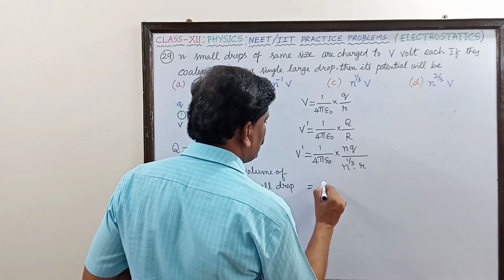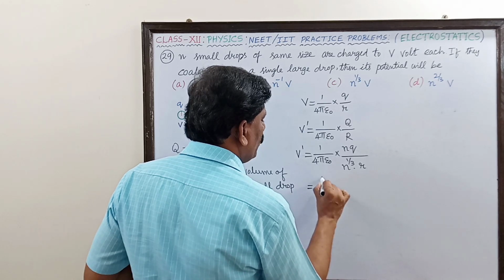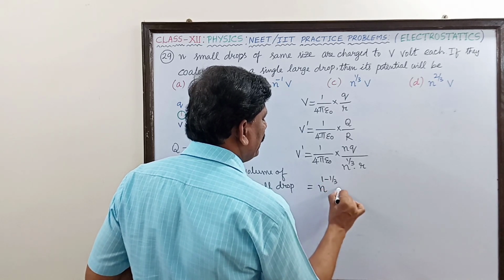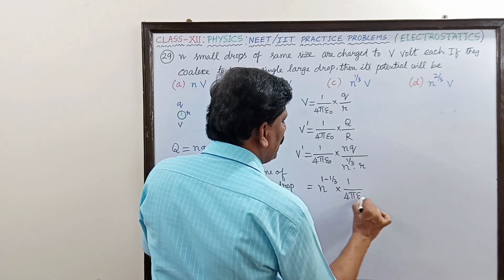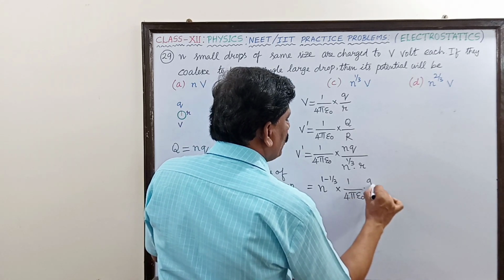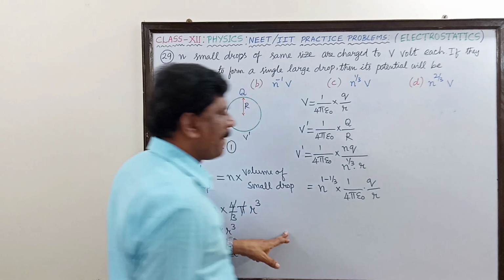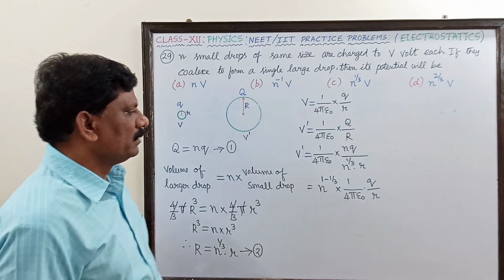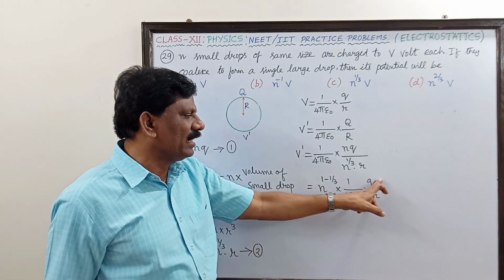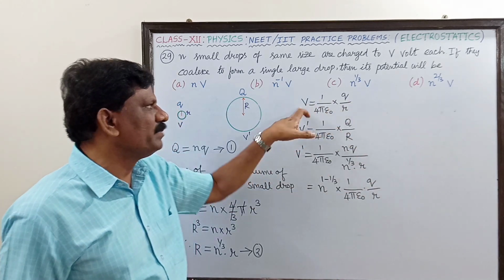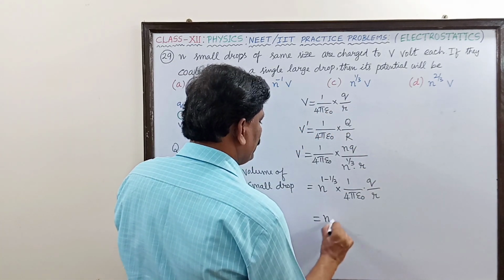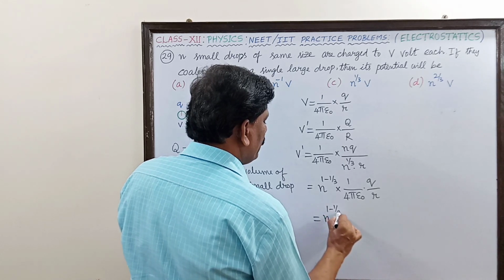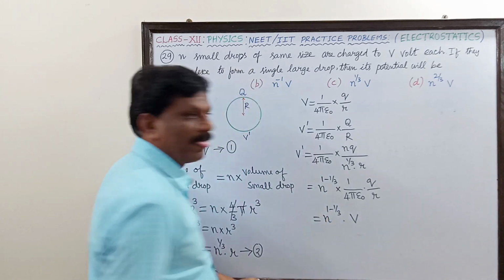So this is equal to n power 1 minus 1 by 3 into 1 by 4 pi epsilon naught into small q by small r. But 1 by 4 pi epsilon naught into small q by small r must be equal to V. So this is equal to n power 1 minus 1 by 3 into V.